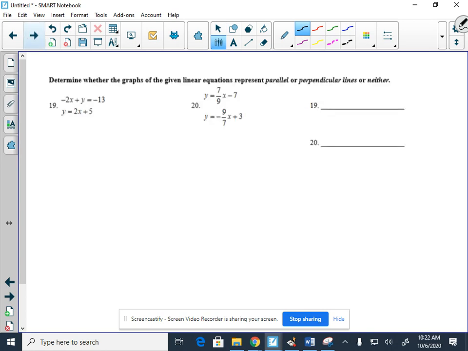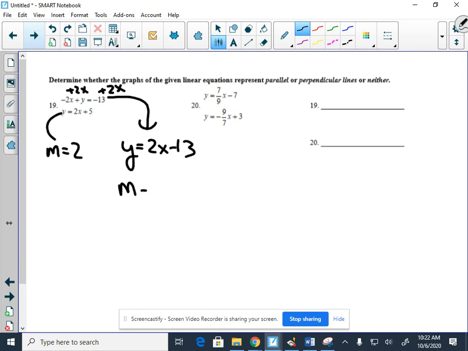All right. 19. Tell whether they're parallel or perpendicular. We talked about that the last couple of days. Parallel lines have the same what? Slope. Perpendicular have a relationship where they're reciprocals, and one's negative, one's positive, right? Okay, so this one, I can tell this one has a slope of 2. This one, I got to figure it out. So I'm going to add 2x to each side, and y equals 2x minus 13.